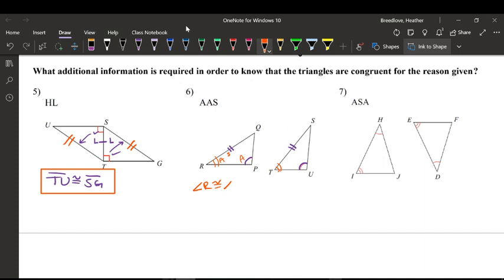Or if we knew that Q was congruent to S, that would also give us angle side. So there's two possible answers there.